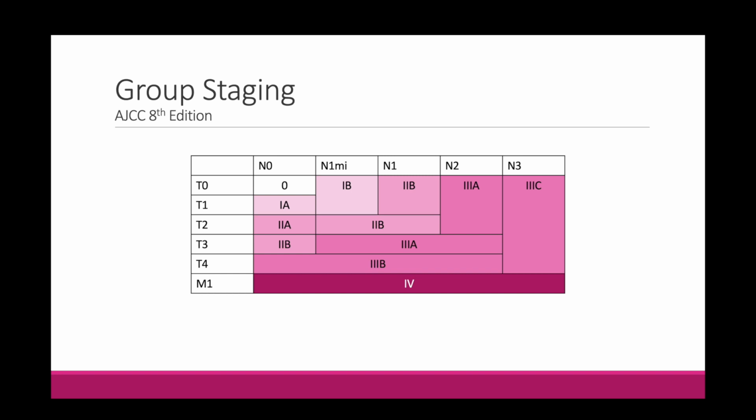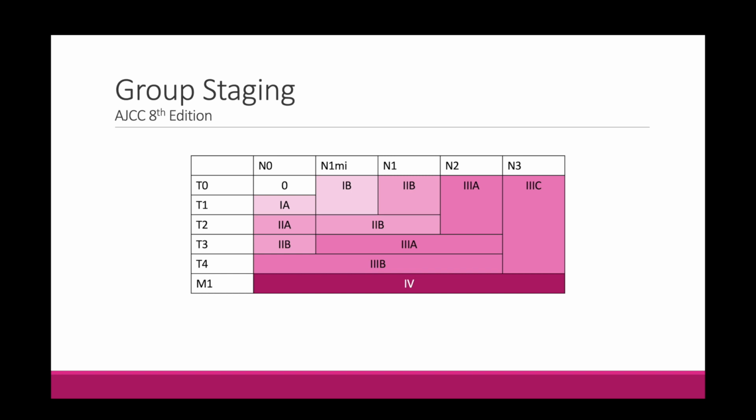So having T3N1, if we're thinking about after surgery, having pathologic N1, that means that your tumor is over 5 centimeters, right, T3, and you have N1, so any number of axillary lymph nodes positive. So if the tumor is greater than 5 centimeters and you have any number of axillary lymph nodes positive, that automatically makes you a stage 3.